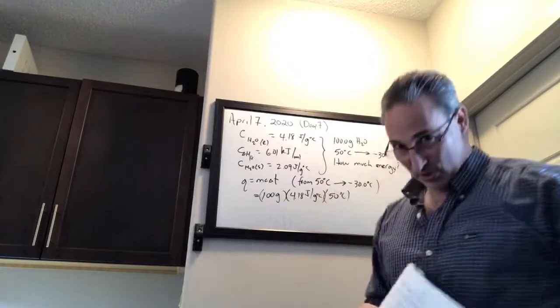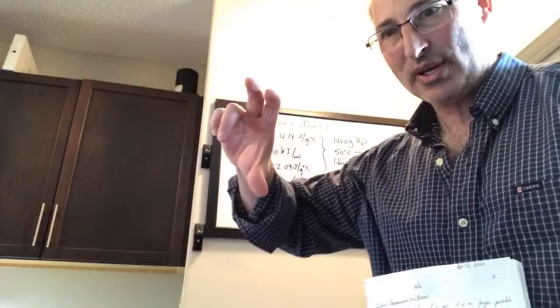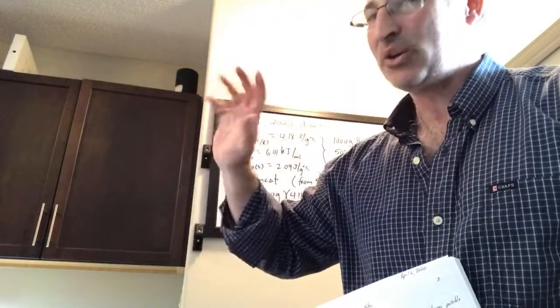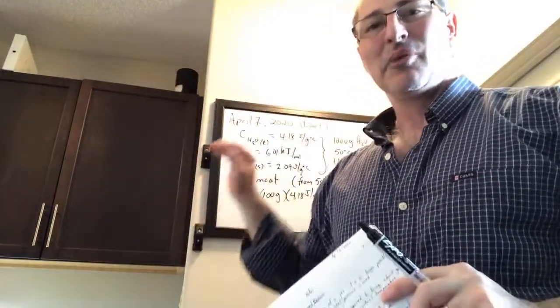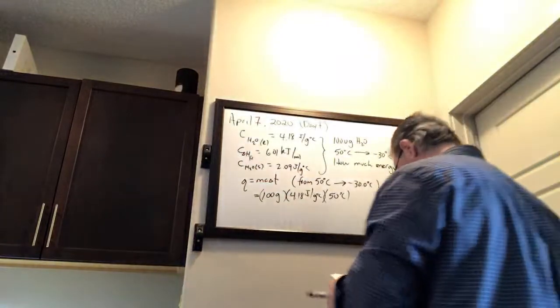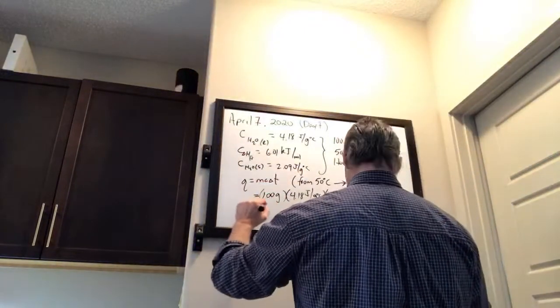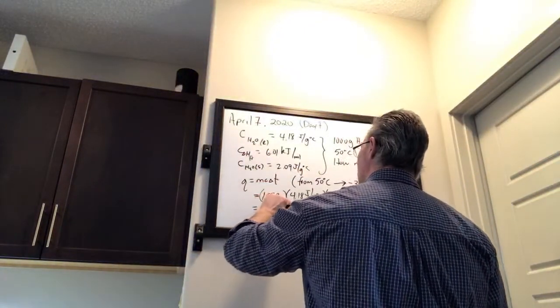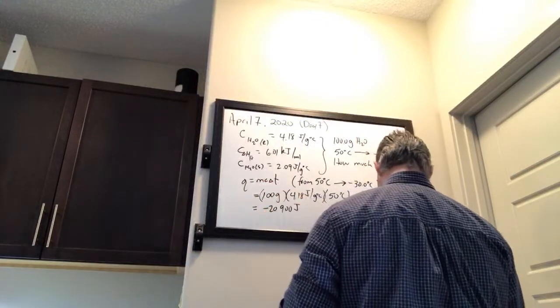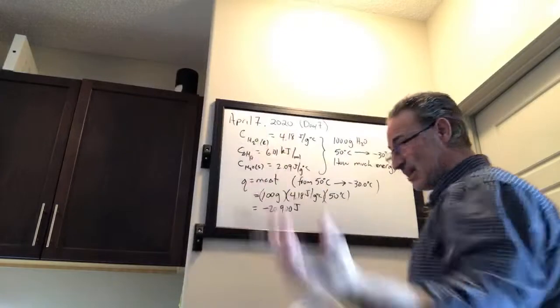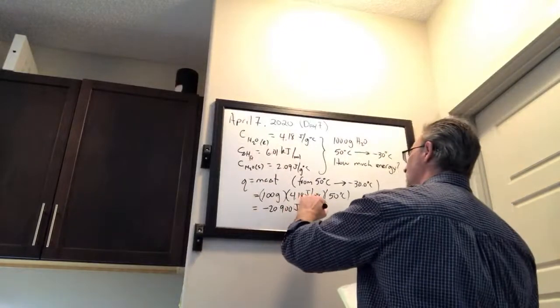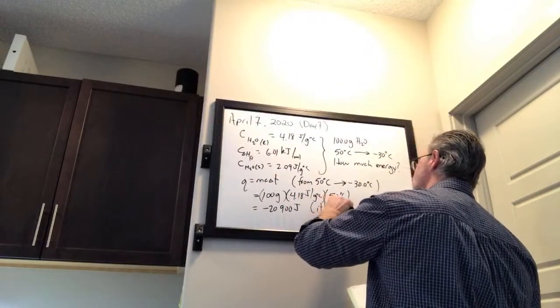If the truth be told, even within one liquid, the C value is not a constant. So if you really want to do this accurately, you have to use calculus. But let's not go there. So you get negative 20,900 joules. So of course it's exothermic, right? The water's cooling down, it's giving off heat. It's exothermic.